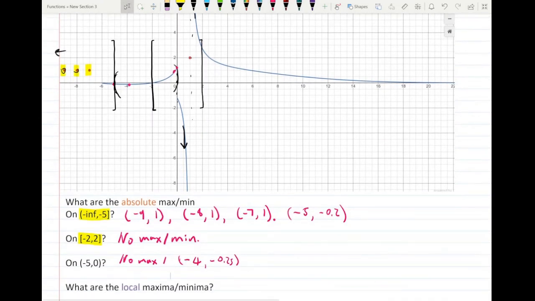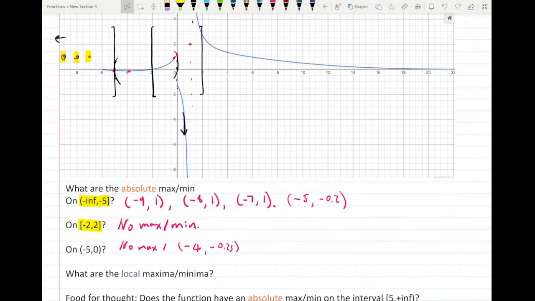As for local minima and maxima, we first have this leftmost isolated point here, which is actually both a local minimum and a local maximum, because if you draw a little open interval right about here, that isolated point is both the highest and the lowest point around, because it's the only point around.